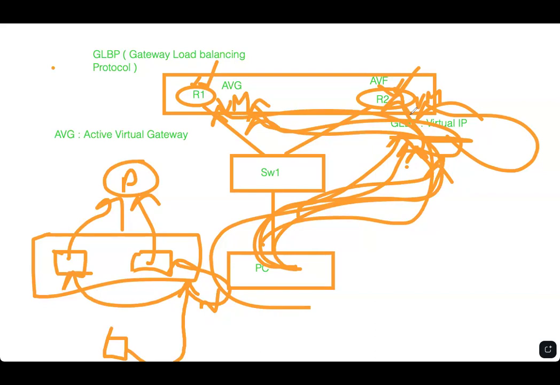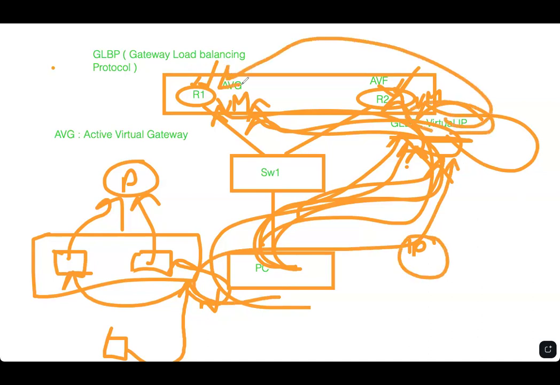If you understand what ARP does, it binds the IP address to the MAC address. That's what we learned. So when the PC is looking for the gateway IP address, the gateway IP address will always point to the R1 MAC address or the R2 MAC address.